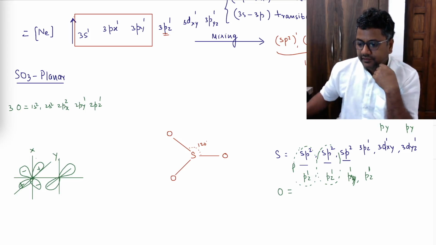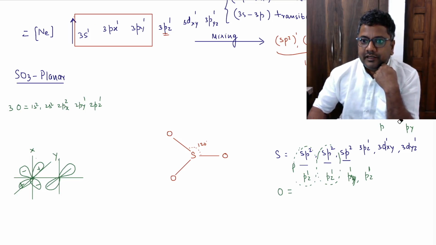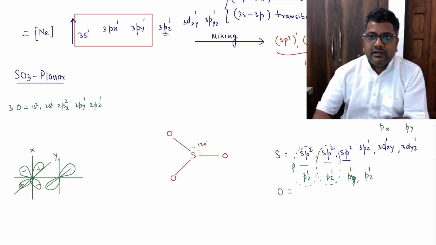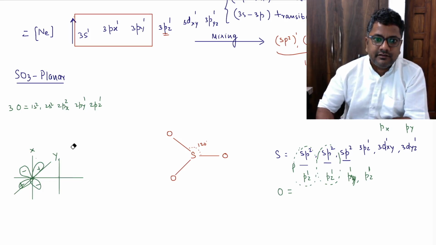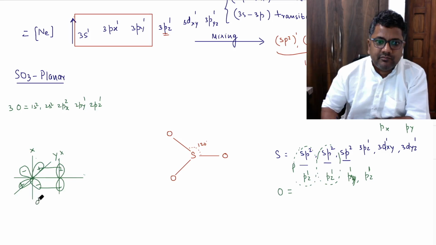Now see, we can take here. For your better visualization, we can take here px of one oxygen. If we see here, this is x, this is molecular axis. So plus minus. So this will form a d pi p pi overlapping. So here pi bond will form, d pi p pi.